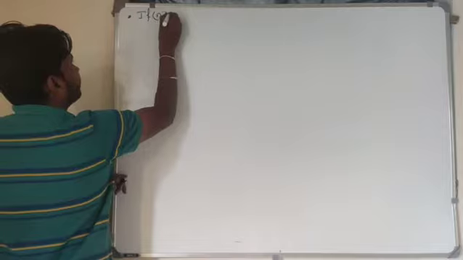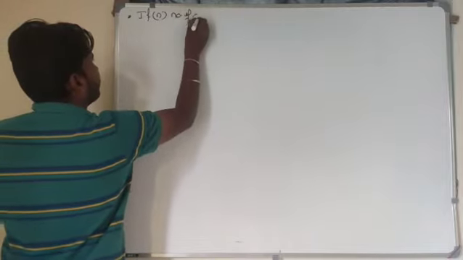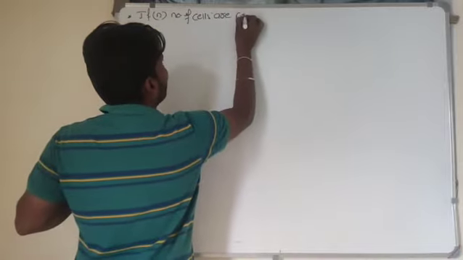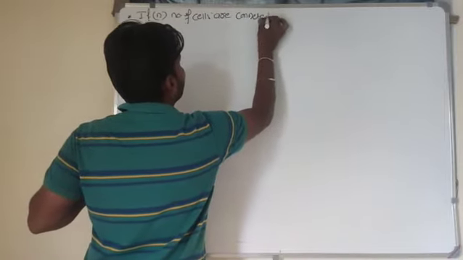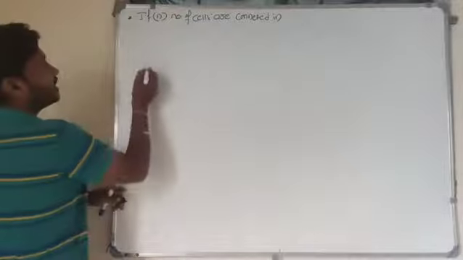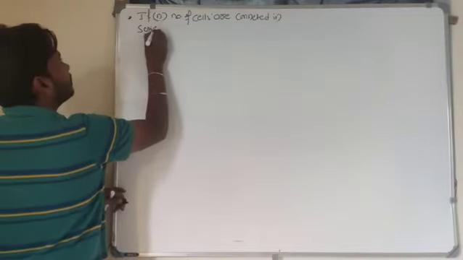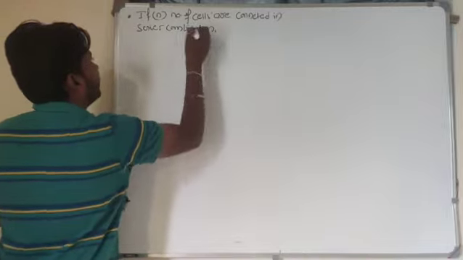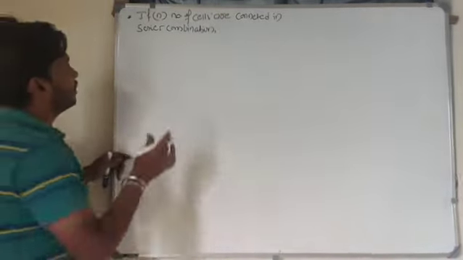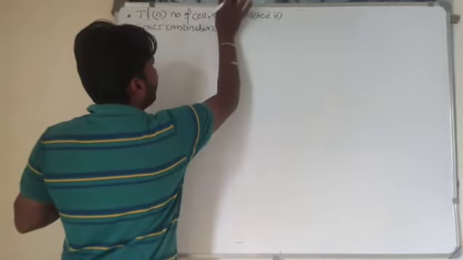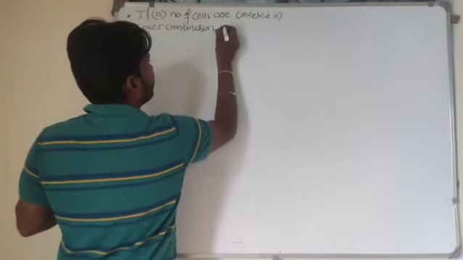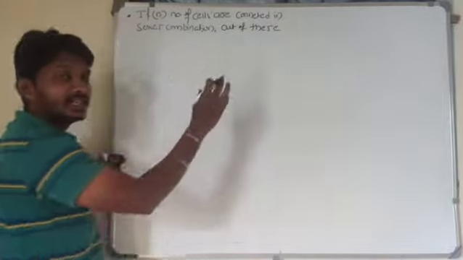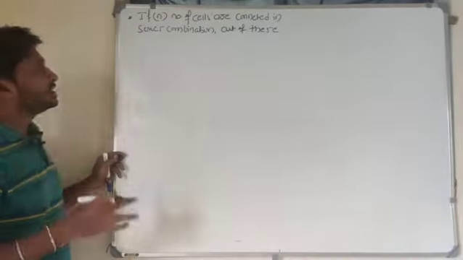If N number of cells are connected in series combination, out of these, for example, I will take 10 cells here, 10 cells I can connect in a series combination.